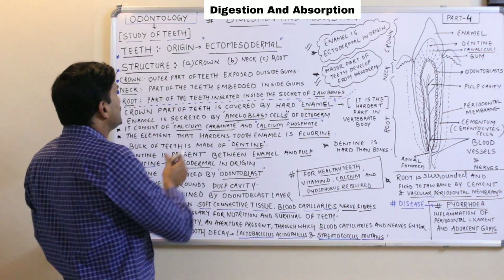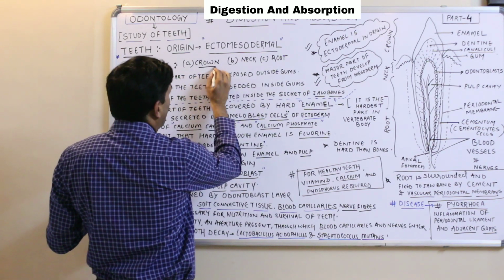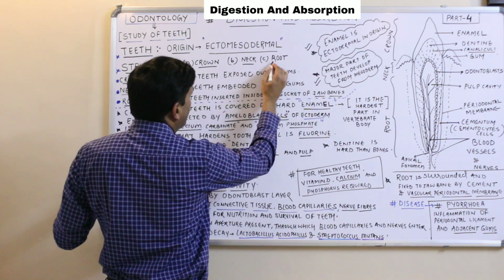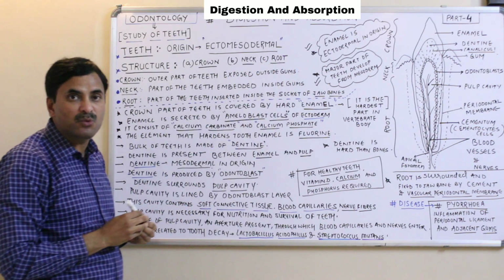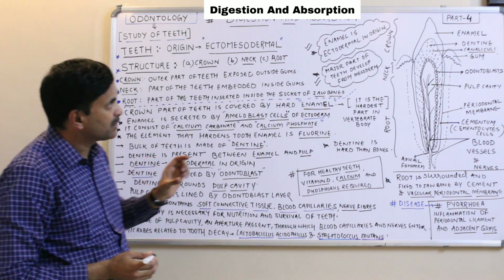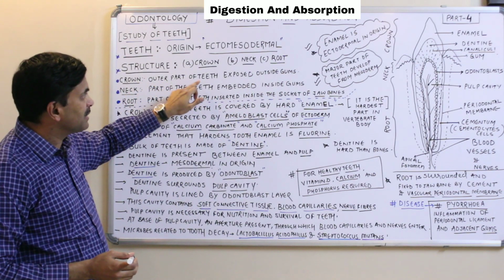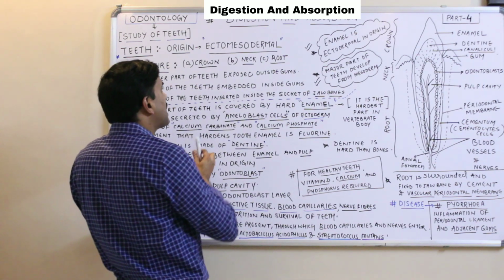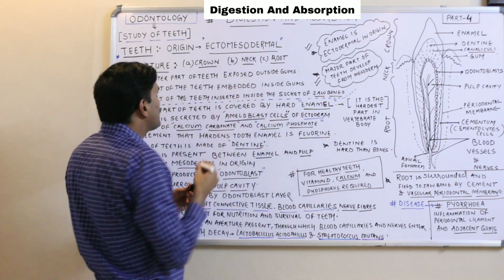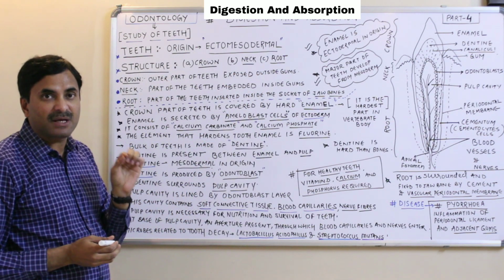Teeth are composed of three parts: the crown, neck and the root. Now where is the crown?